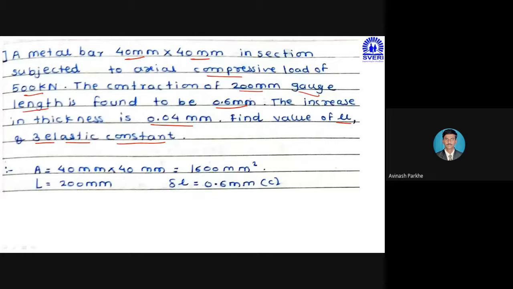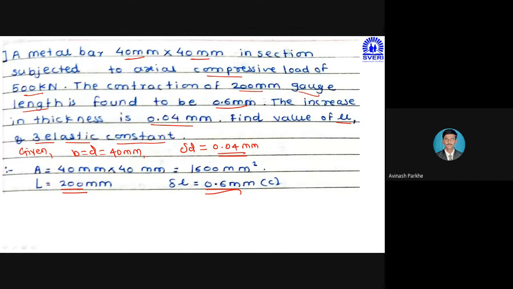Here the cross-sectional area is a given parameter. Given parameters: small b is equal to small d is equal to 40 mm. Length is 200 mm. Change in length is 0.6 mm. Change in thickness, delta D, or change in depth, is 0.04 mm.